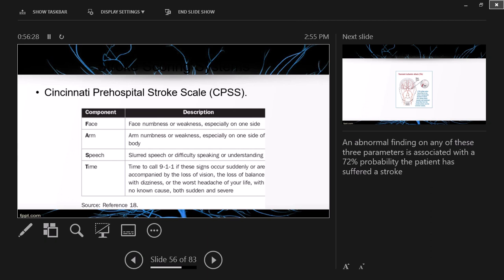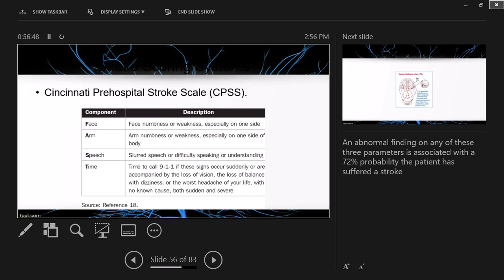If you're assessing facial numbness or weakness, some patients, when you're looking at them, may look kind of like I'm looking at you right now. They're there, but you don't see any facial droop whatsoever.